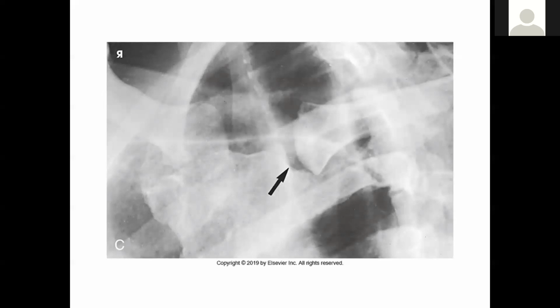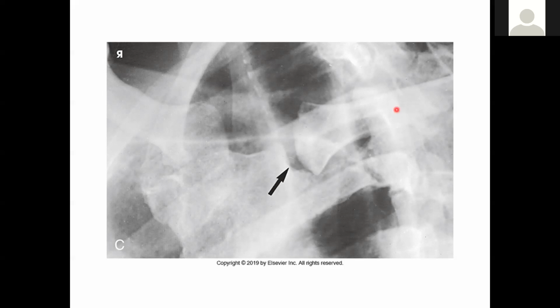You need to do both obliques, an LAO and an RAO, anterior obliques, with a rotation of about 15 degrees, which is not much. Your goal is to move the joint that is closer to the detector off of the spine.